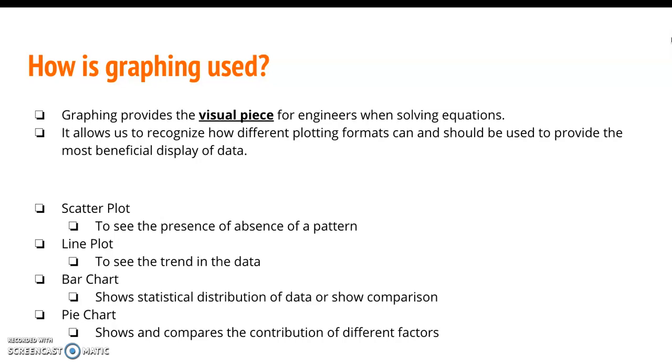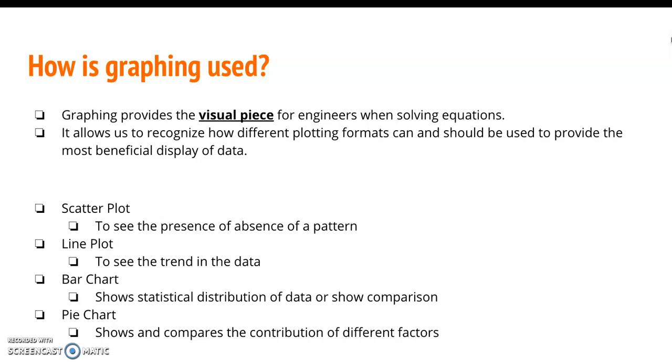The first thing they talk about is in table 26-1, the different forms. You have a scatter plot that shows points of a relationship in two sets of data, so it shows the presence or the absence of a pattern. You have a line plot that displays data as points or maybe check marks that show the frequency of each value, and it shows the trend.